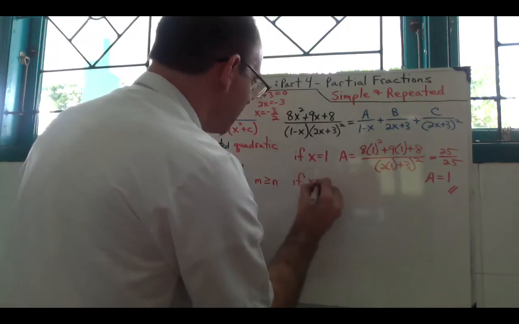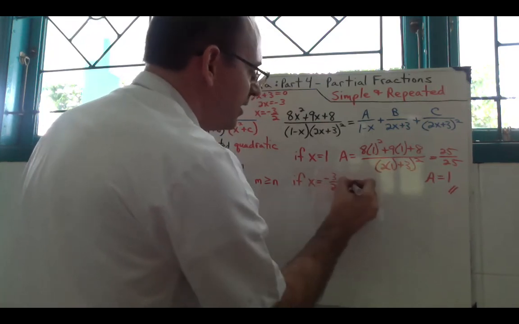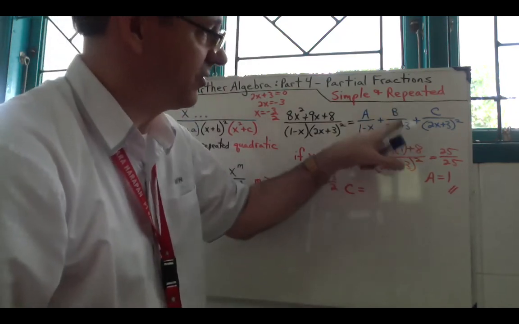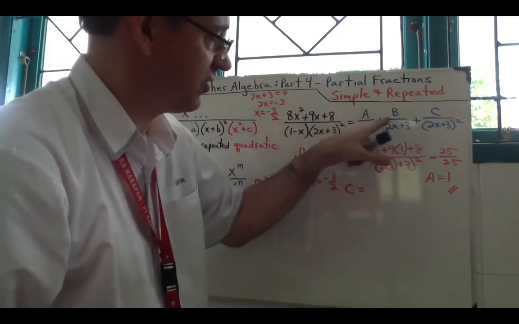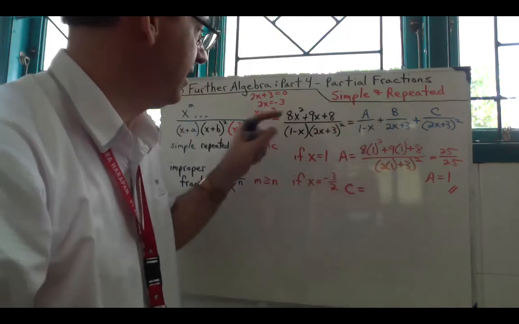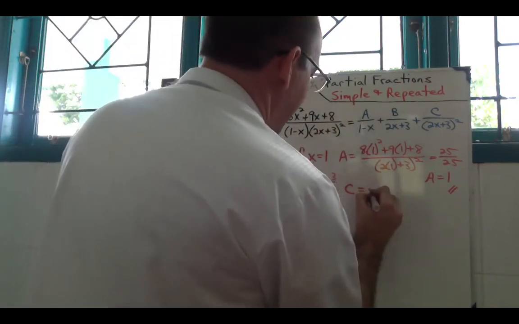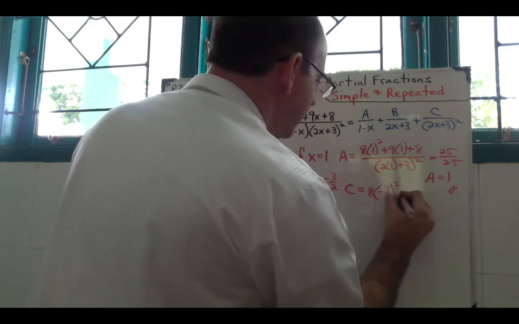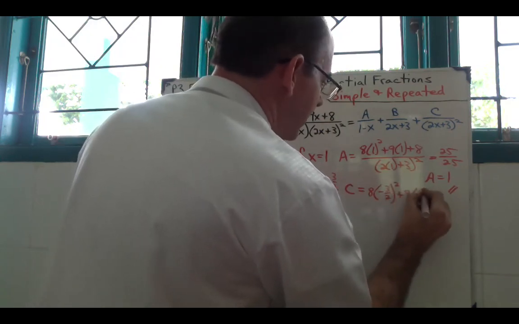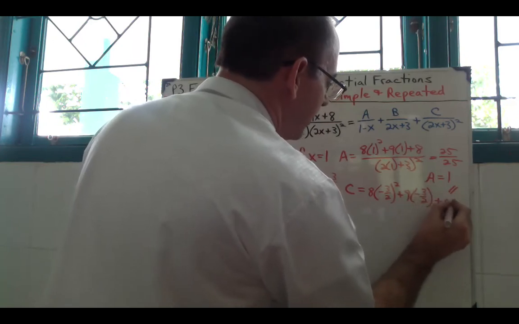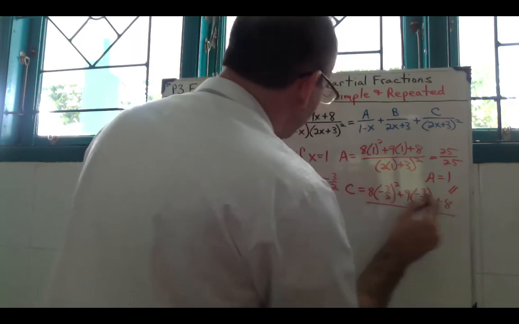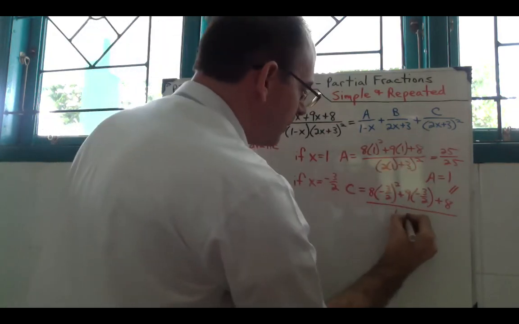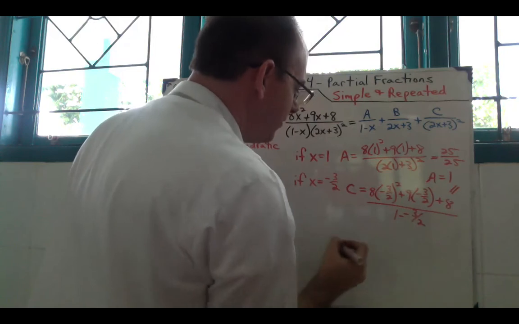If x equals a negative 3/2, C will equal, because this will cancel out and this will cancel out to 0. So just C equals 8 times a negative 3/2 squared plus 9 times a negative 3/2 plus 8 all over, remember this one canceled out, so we just have 1 minus a negative 3/2.